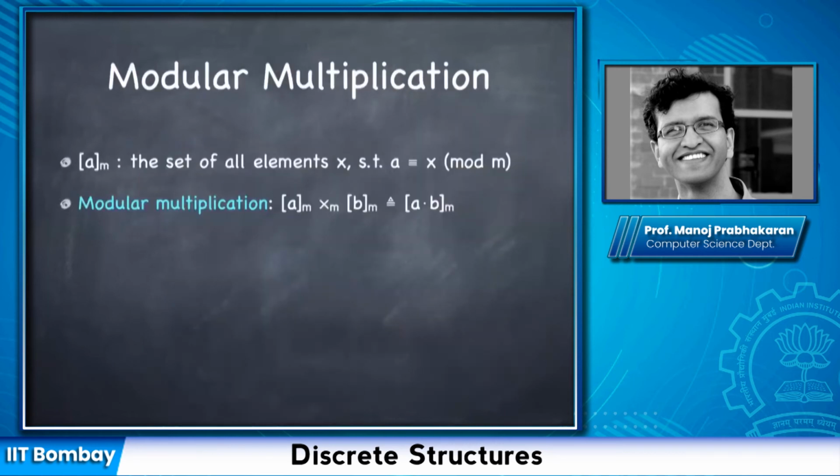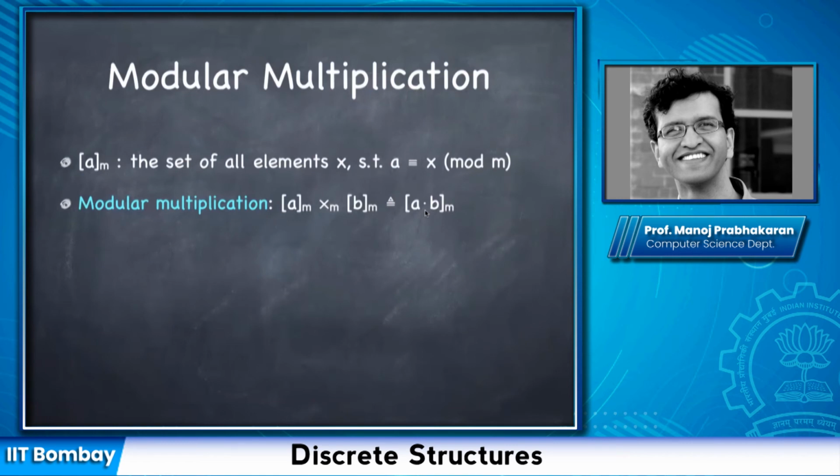So same deal. I'm going to define the product of two columns as the column of the product of some representatives of those two columns. So this is some column, the column containing some element A, the column containing some element B, and the product is defined as: take this A and B, multiply them, see which column it falls in. And again, I'll need to be worried about whether it's a well-defined operation.